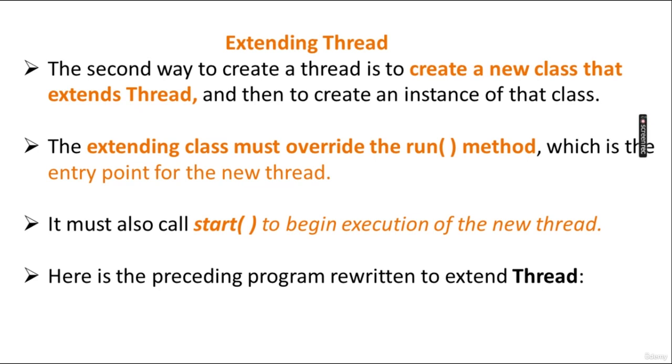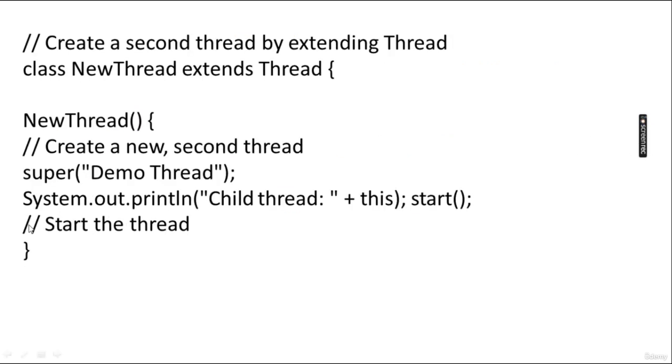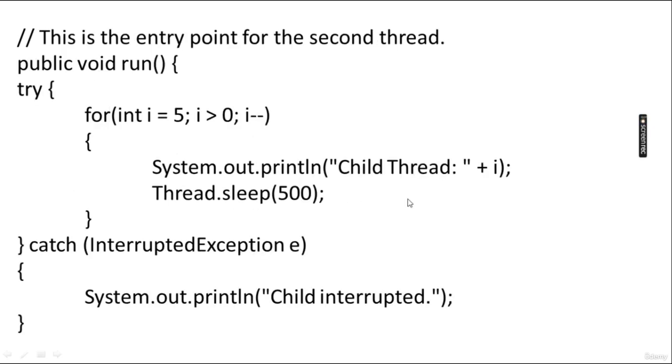Here is the preceding program rewritten using the extending Thread class. Class NewThread extends Thread. Here we are calling super with the demo thread name. Super is called for the base Thread class constructor. Then child thread is this, and childThread.start.